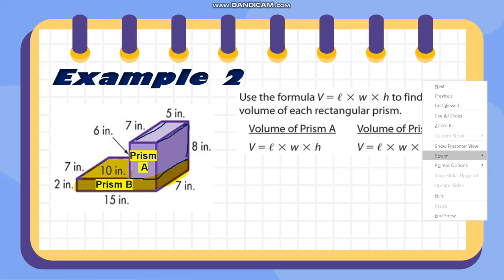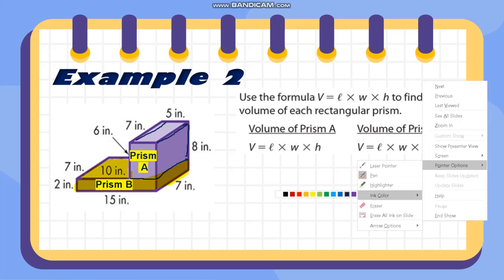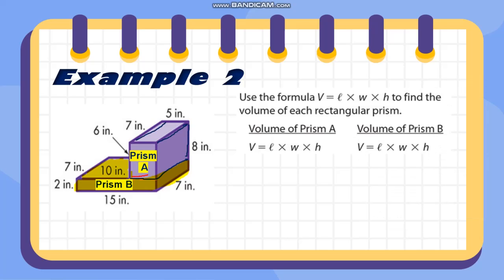Now, what is the correct length? The correct length is, since this is your length, which is the same here and the same here, that is equivalent to 5 inches. This is your width, the same thing here and here, and that is equivalent to 7 inches.